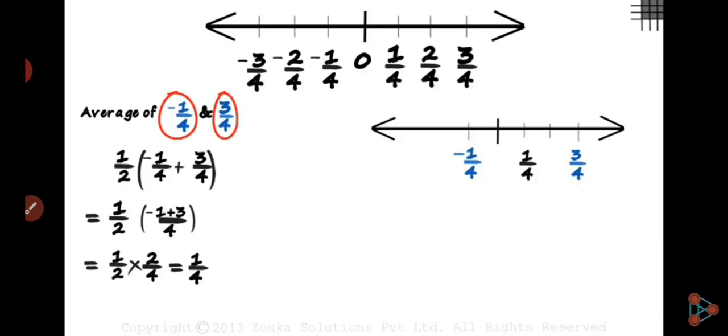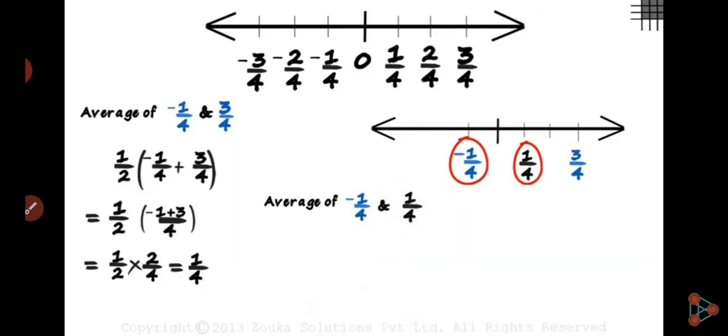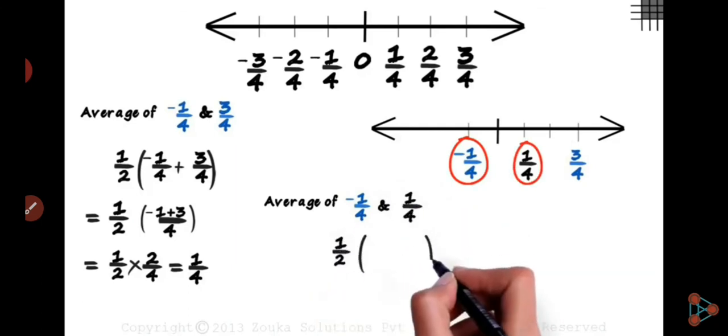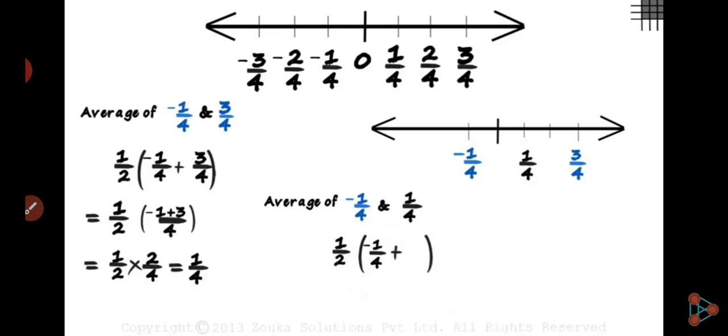To find another number between these two numbers, we can find the average of these two numbers or maybe these two numbers. Say we choose the first two. That is, we find the average of minus 1 by 4 and 1 by 4. That will be half multiplied by the sum of minus 1 by 4 and 1 by 4. This plus this is 0 and half multiplied by 0 is 0.